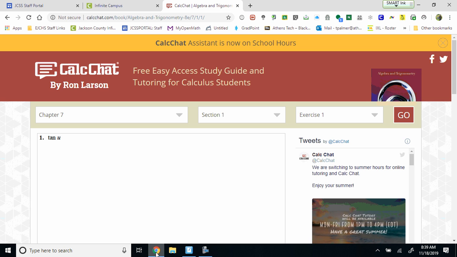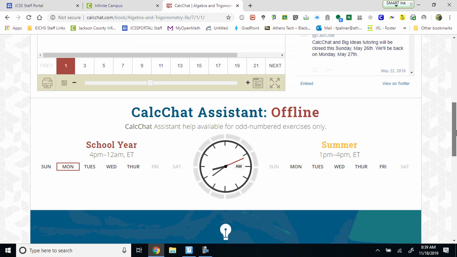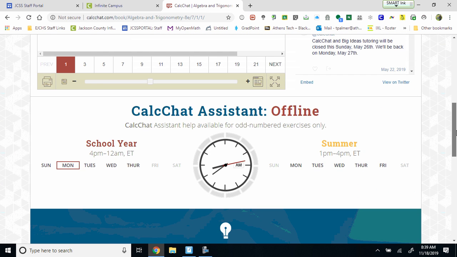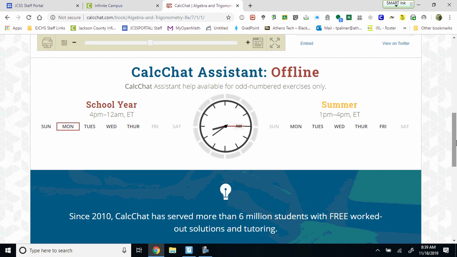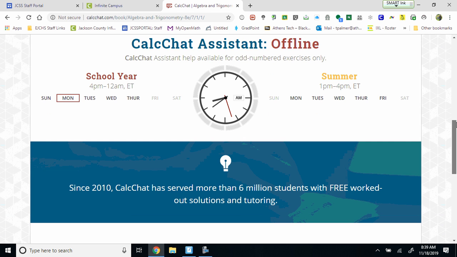And look right here. This is really cool. You got all of them down there. You can make them bigger or smaller. And they'll tell you when they'll be available, 4 p.m. to midnight.